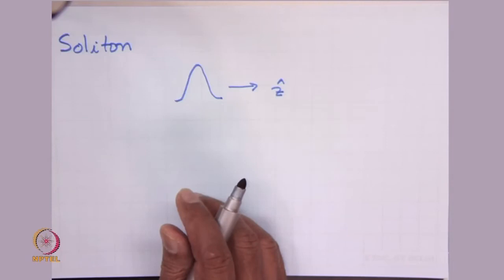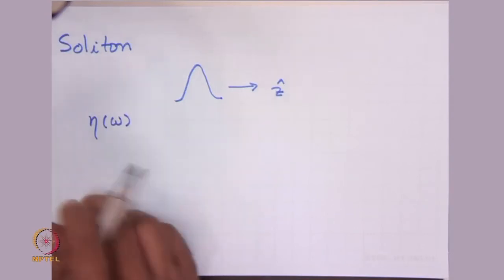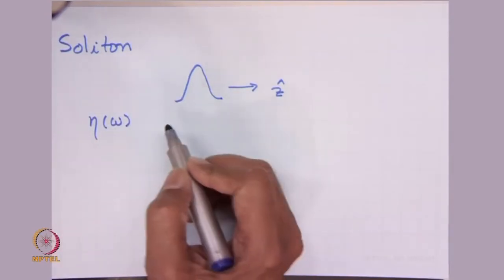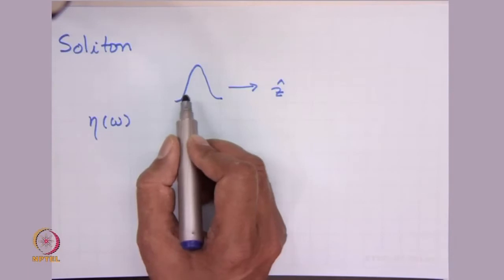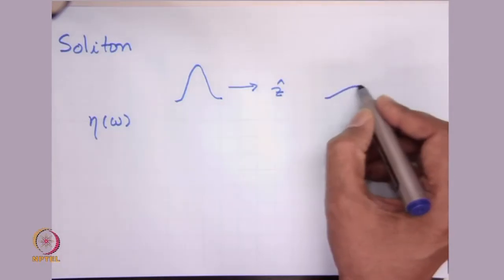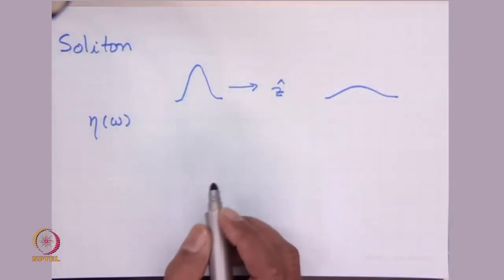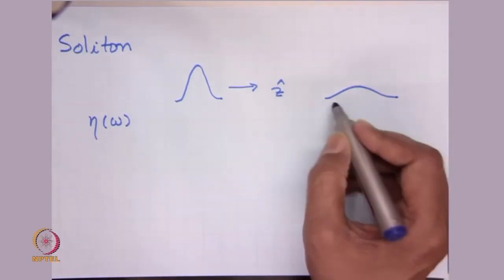A pulse of finite time duration is equivalent to a superposition of waves of many frequencies, and a plasma being a dispersive medium, different frequency components travel with different velocities because the refractive index depends on the frequency. So a pulse of finite time duration would have a self-broadening as it travels because different frequency components travel with different velocities, different phase and group velocities, and consequently this will broaden.